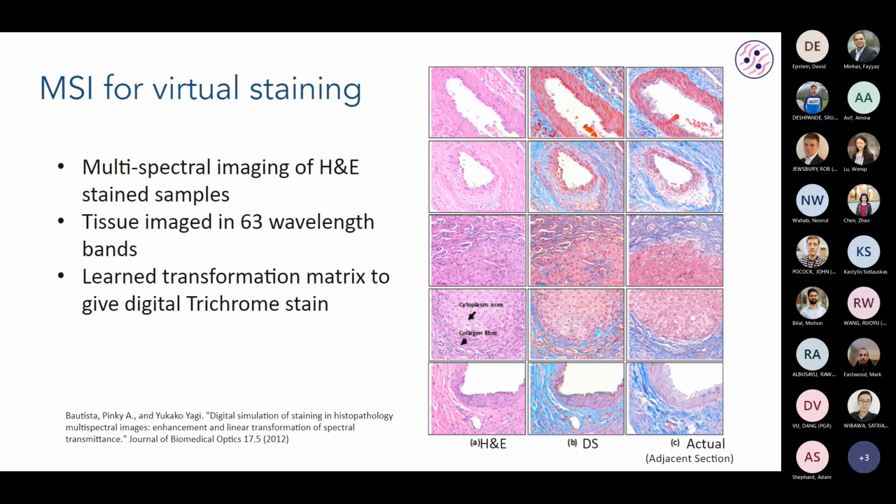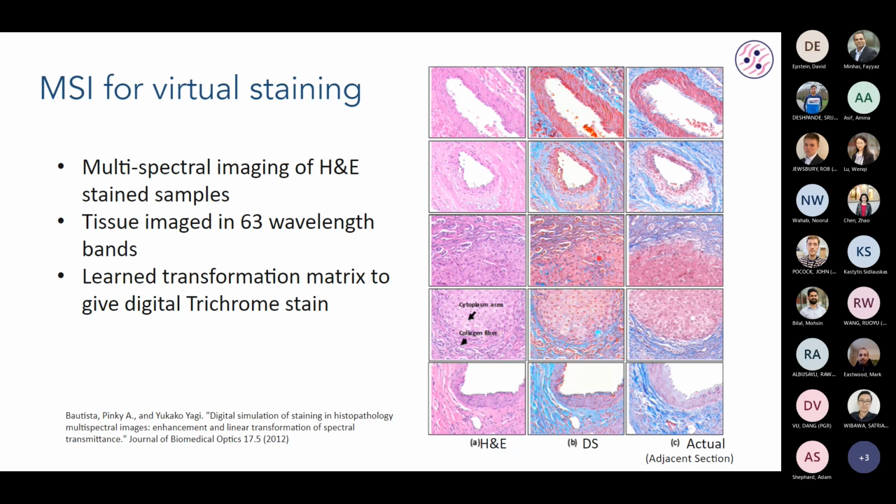On the right here, you can see examples of that, where the left column is the H&E, the middle is the digital staining that their algorithm produces from that, and on the right is an adjacent section chemically stained with the actual stain.